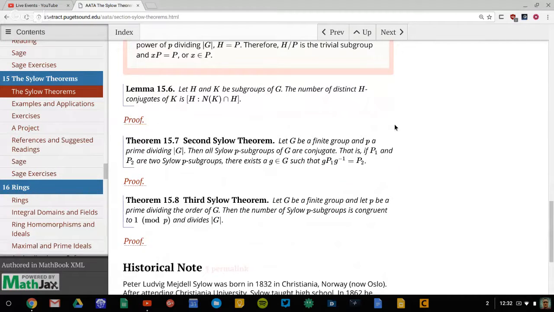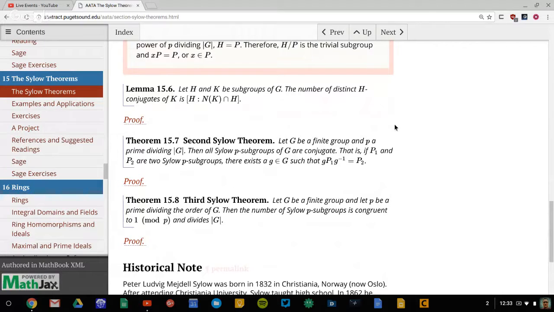Now, any kind of result like this, where you're talking about the number of these things equals the number of things in something else. This index is the number of left cosets of this subgroup in here, or equivalently the number of right cosets. So this lemma is saying the number of distinct conjugates equals the number of left cosets.